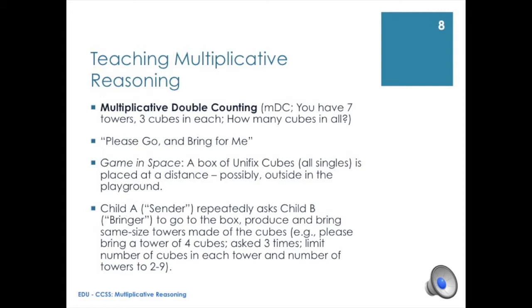I've had some teachers who have created just simple cards, like index cards, where they've written the number on the cards, and then the sender will pick a card, and that's the number that they use for how many times they'll send the bringer, or how many cubes are in each tower. How you structure it is totally up to you, but there are some ways to support students in the game.